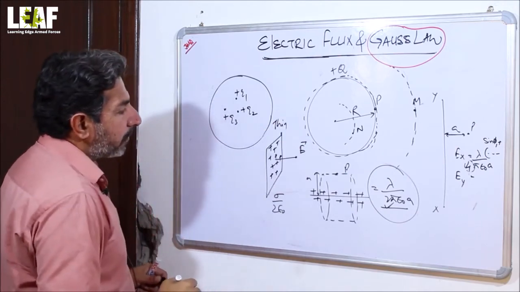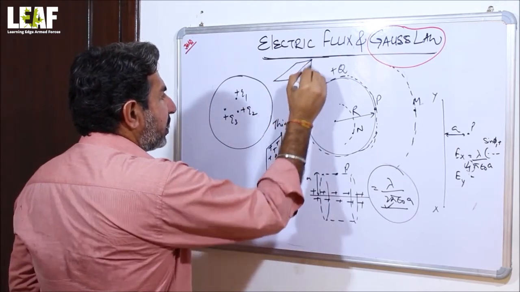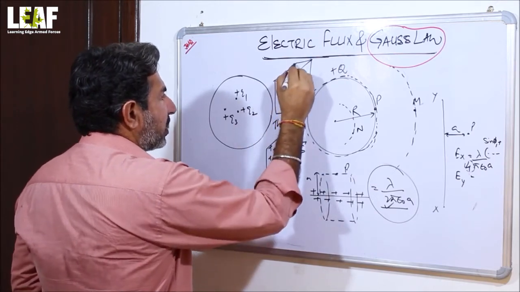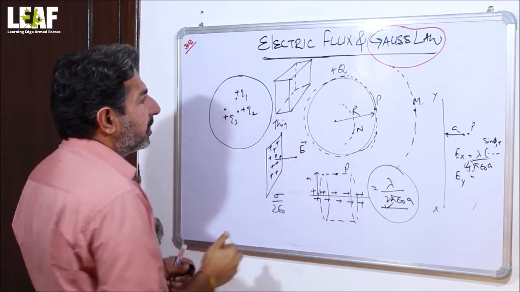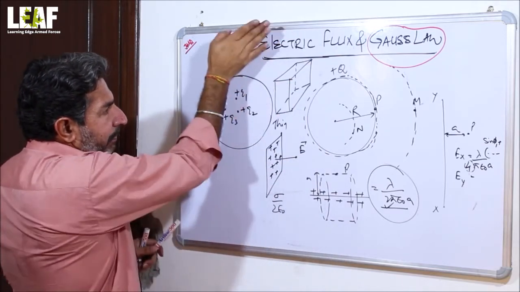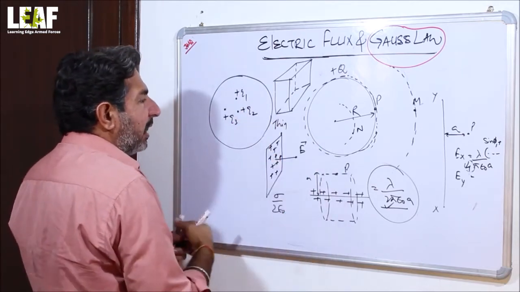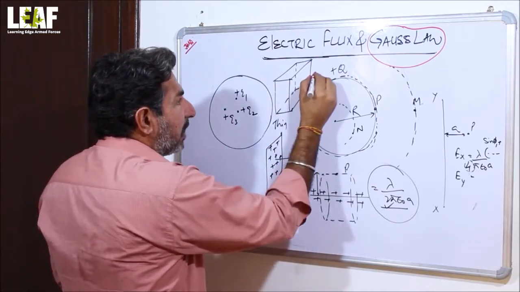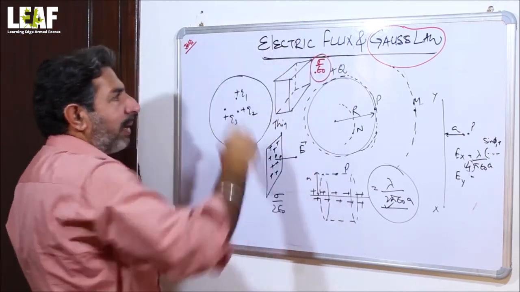And then you have dealt with a thick sheet, a conducting isolated sheet with charges, like, say, I'm going to draw it like this. This will become a thick sheet. This surface will have a positive charge, and the back surface is also going to have a positive charge, and at that point the electric field near this thick sheet will become sigma by epsilon naught. Even this you might have done.